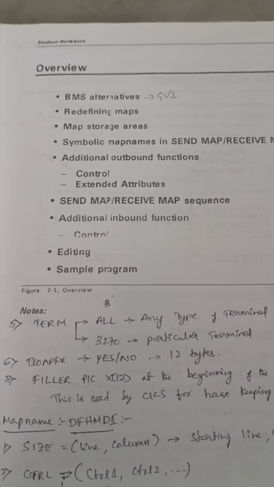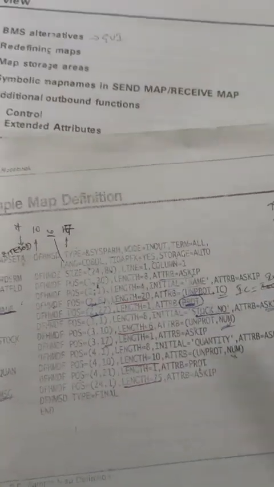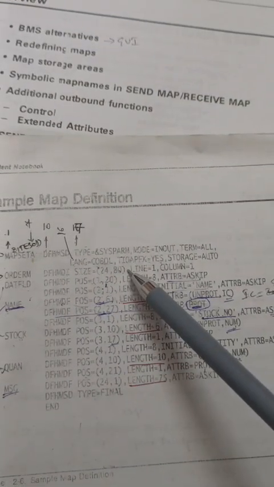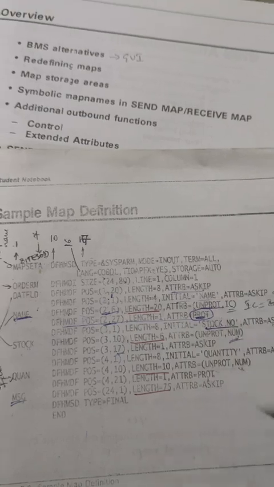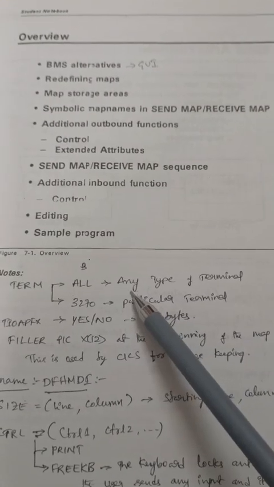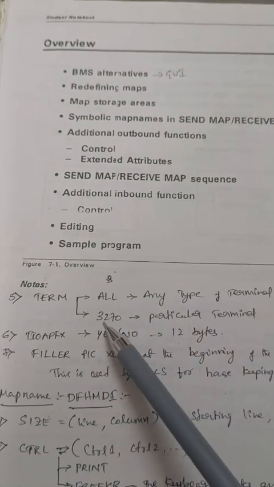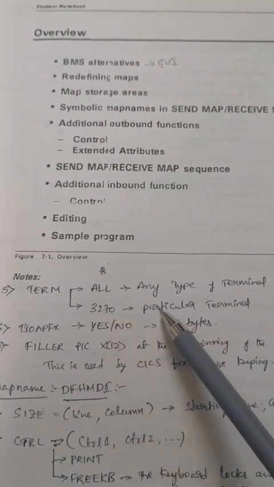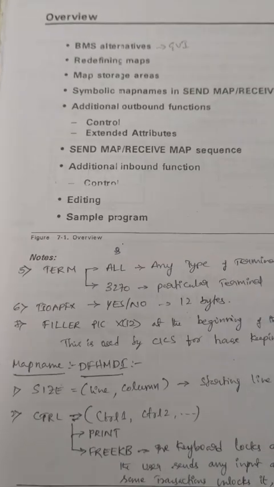We have another parameter, the terminal. Earlier we mentioned TERM=ALL here. ALL means any type of terminal. We have other options like 3270 for a particular terminal.